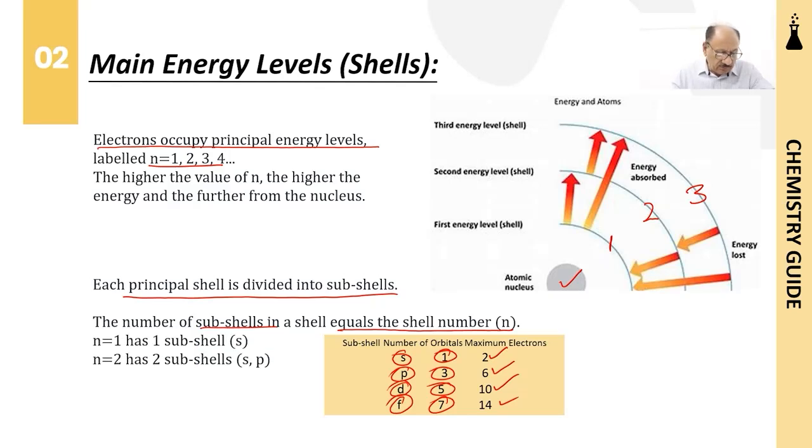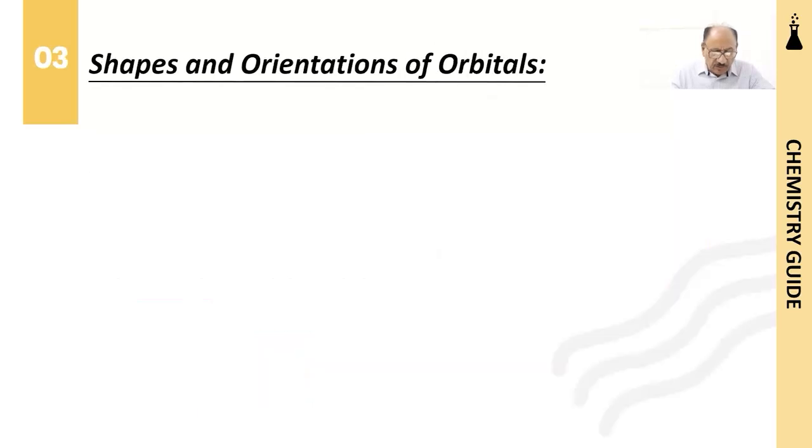Hopefully I'm clear. So n equals 1 has one subshell, s, n equals 2 has s and p, n equals 3 has s, p, d, and n equals 4 has s, p, d, f.